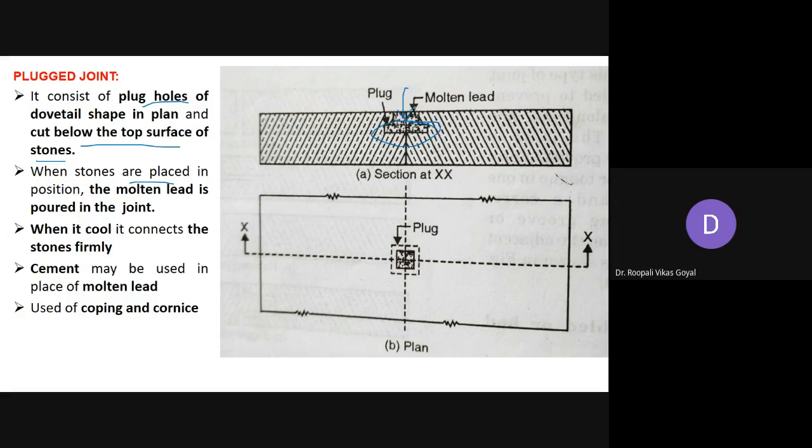Molten lead can be poured in the joint, and when it cools down it connects both the stones very firmly. Instead of molten lead you can also utilize cement, and generally it is useful in the coping and cornices. So here in plan you can see this is the hole of the plug, and here the molten lead can be applied, or some cement can also be applied.